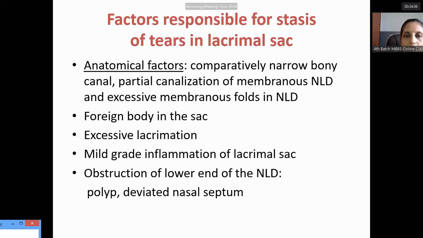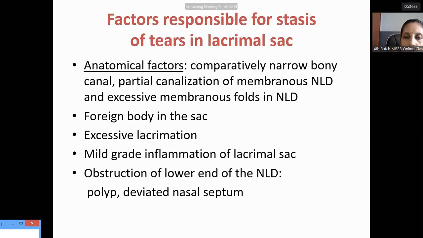The anatomical factors are a narrow bony canal, partial canalization of the membranous NLD, and excessive membranous fold in the NLD. Then foreign body in the sac, excessive lacrimation, mild grade of inflammation of the lacrimal sac, and obstruction of the lower end of the NLD.